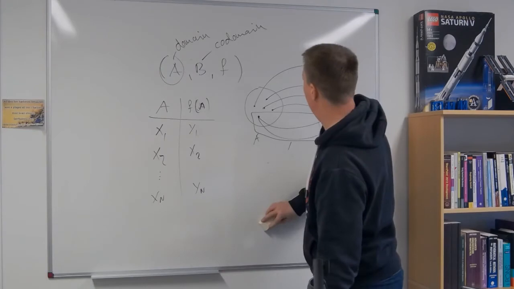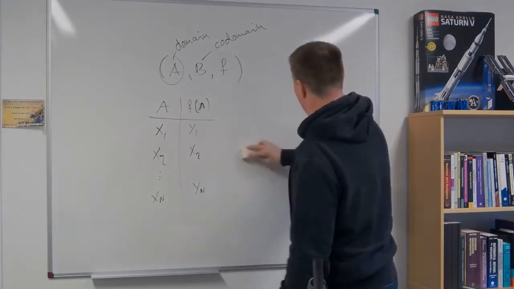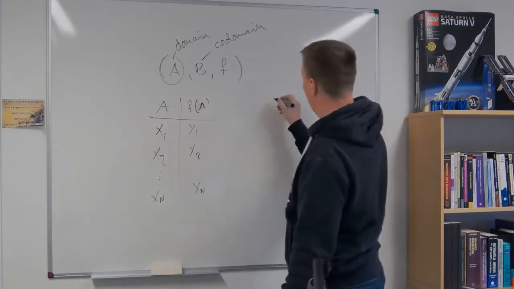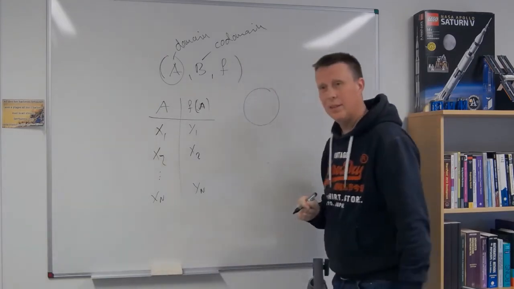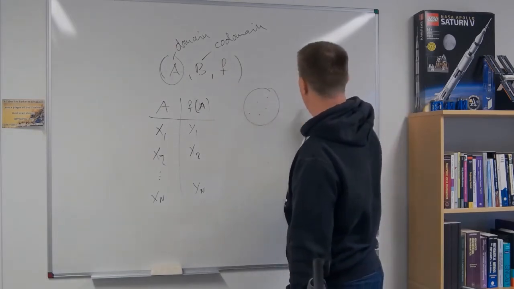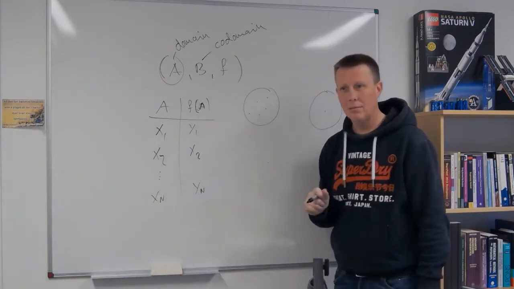All right, let's do a little example, a really trivial one: a constant function. This is the simplest function we can do. We have a bunch of stuff in A, and B contains a single element.